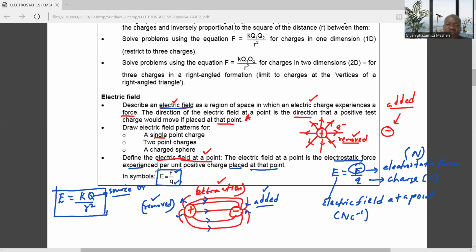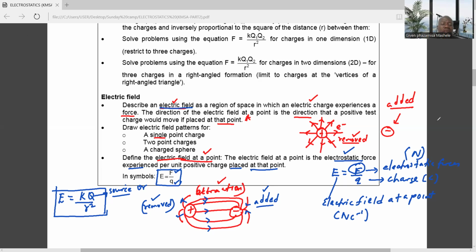So this is the formula for calculating the electric field at a point. As I said, it is the electrostatic force experienced per unit positive charge placed at that point. So it's very important for you to know how to calculate the electric field at a point, ladies and gentlemen. Right, let us now go through the example.